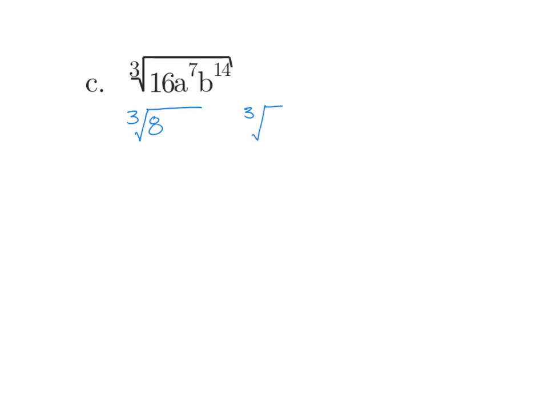My leftover will be 2. Now, for our variables, I want an exponent that is divisible by 3. And so a to the 6th is divisible by 3. And what do we have left over? We have 1 left over.